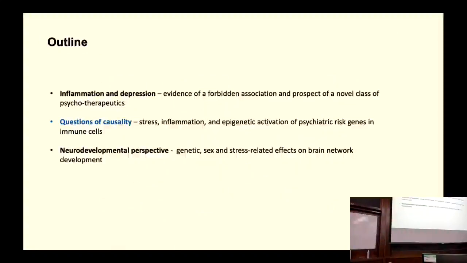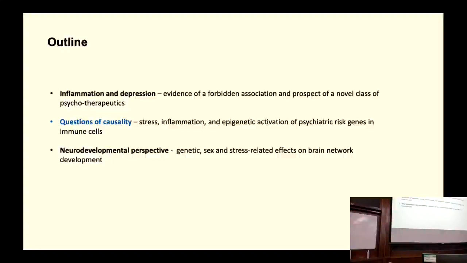So there are these correlational data. There are these meta-analysis results from previous clinical trials, all of which are encouraging us to think that maybe there's a more substantial association between depression and inflammation, and indeed a prospect of a novel class of treatment of depression.